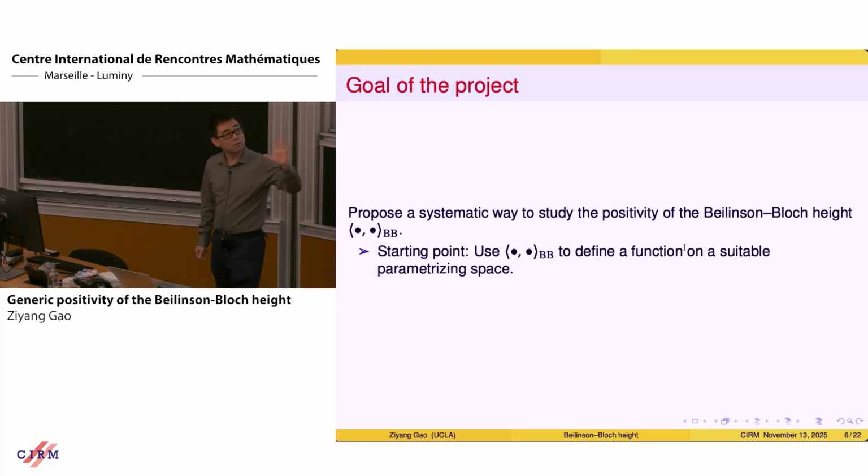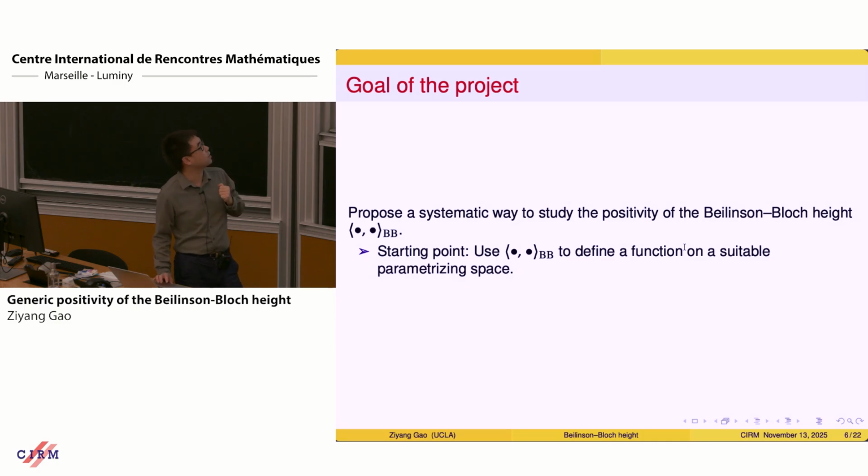Okay, and now, after the objects, I'm going to say that the goal of this project is to propose a systematic way to study the positivity of the Beilinson-Bloch height and study some torsion behavior. So you see this happy face, it should be positive. The starting point is, like many questions in Diophantine geometry, we want to study some object, we put all of them together on a parametrizing space, and we study things on the parametrizing space.